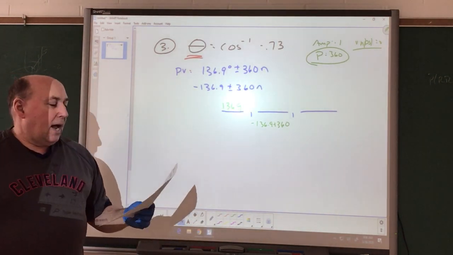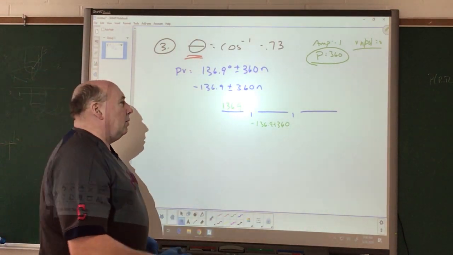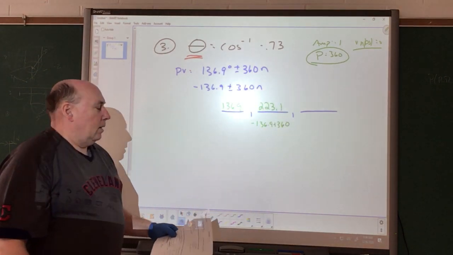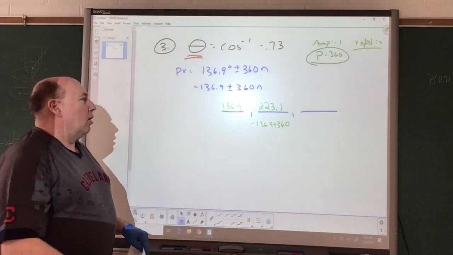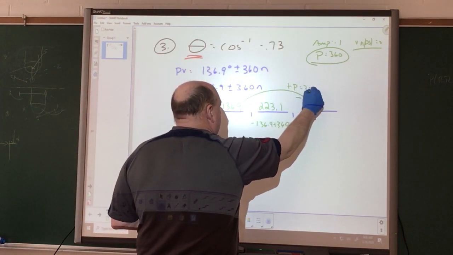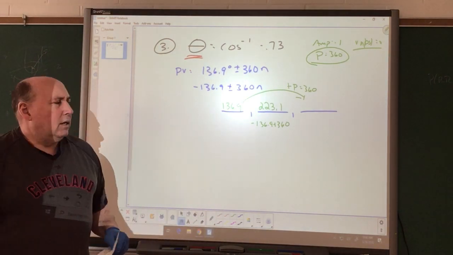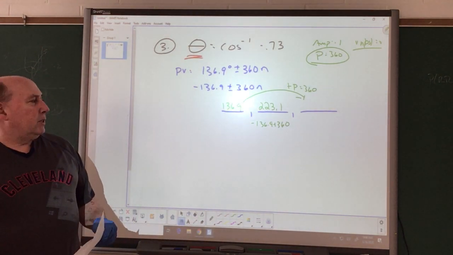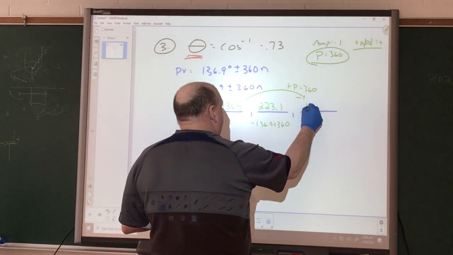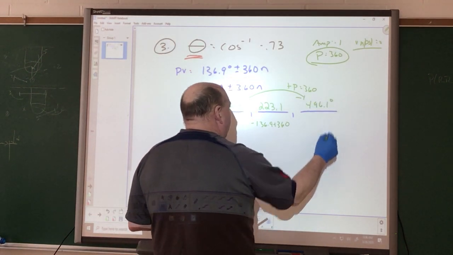So if we add those two together, you get 223.1. And then to go from 1 to 3, we can play leapfrog. We add the period, which is 360 degrees, so we get 496.1 degrees.